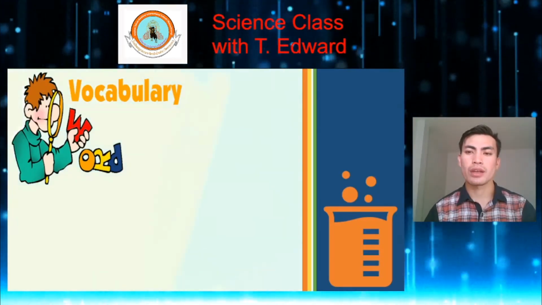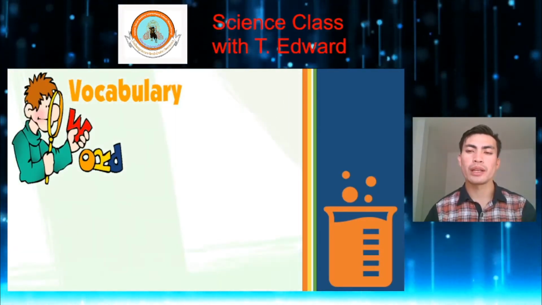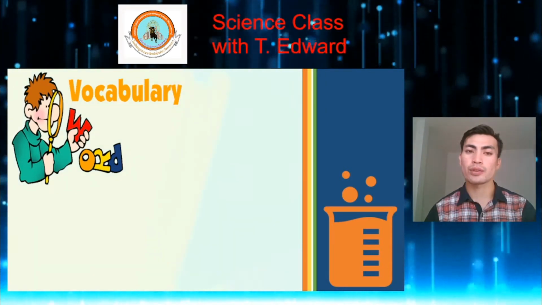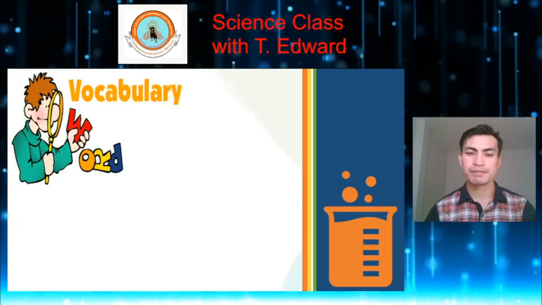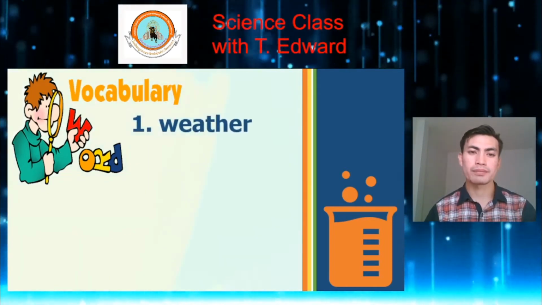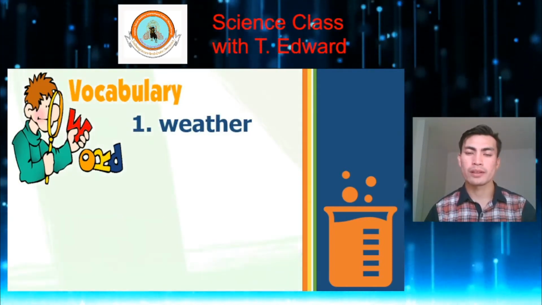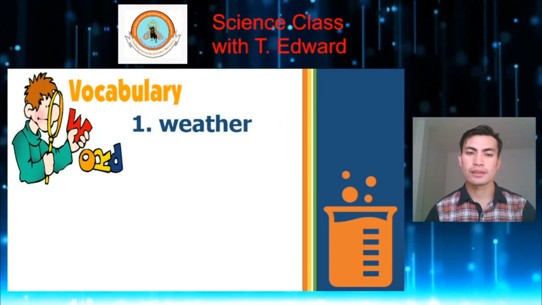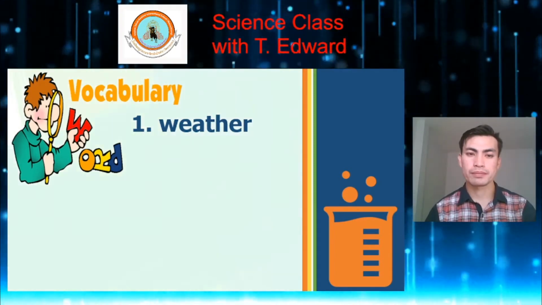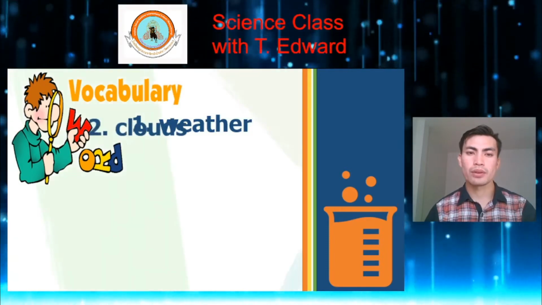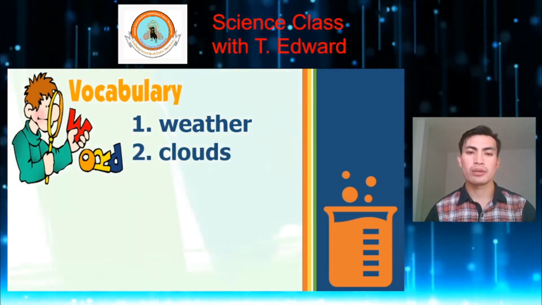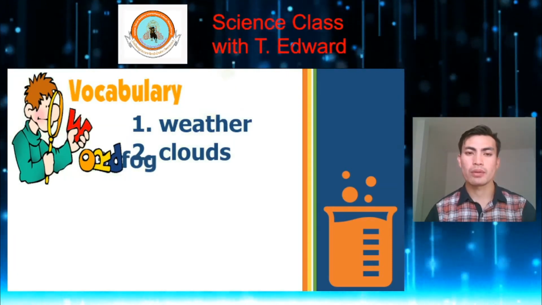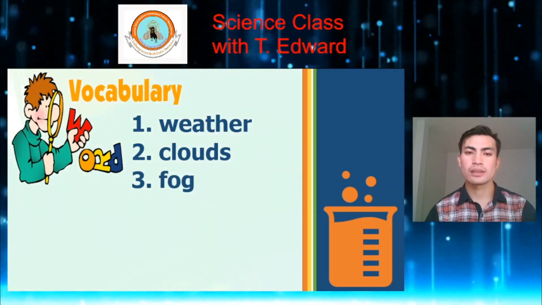Vocabulary words. I want you to read aloud these words after I read them. So I want you to repeat. Are you ready? Number 1. Weather. Number 2. Clouds. Number 3. Fog.